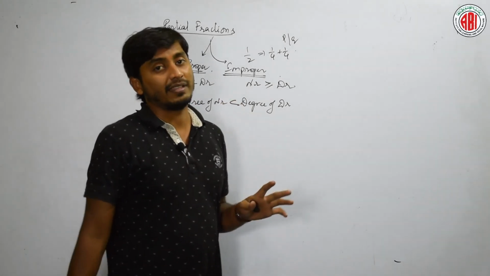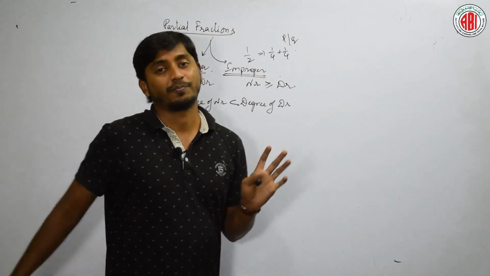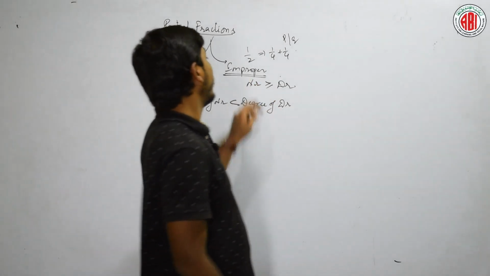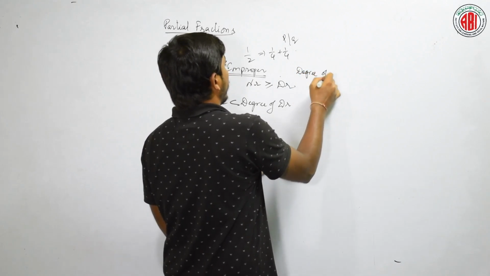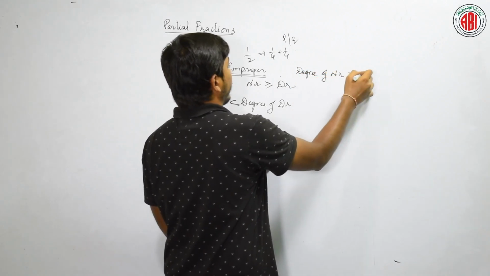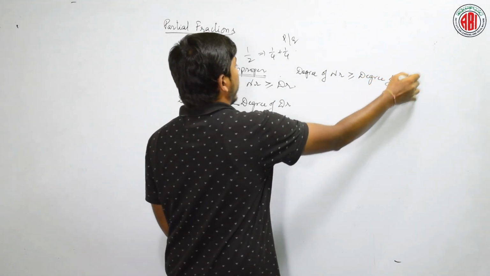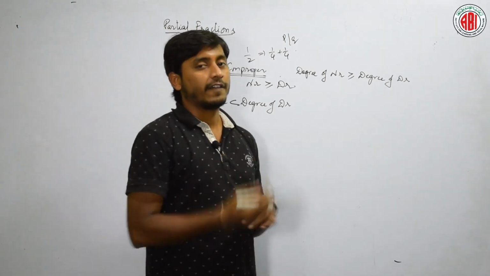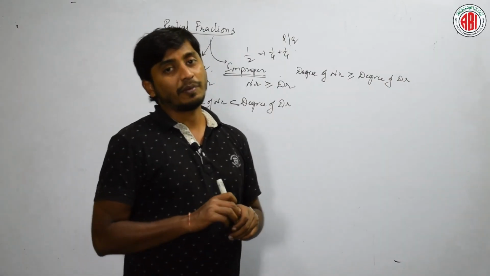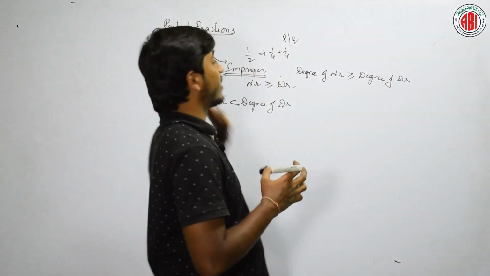You have to remember this. Throughout the chapter we will first check whether it is proper or not. Similarly, improper is when the degree of numerator is greater than or equal to the degree of denominator. Fine. Once we know that it is a proper fraction, then we will start doing partial fractions.